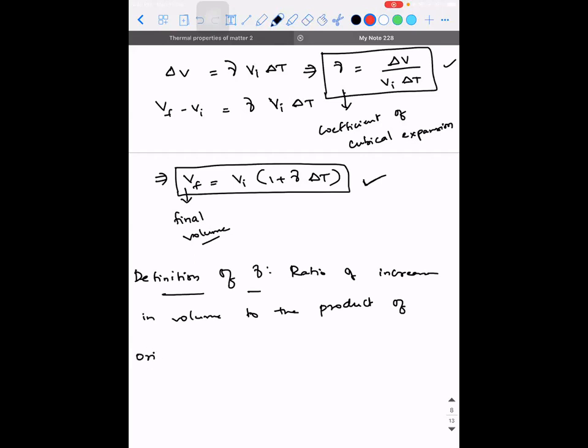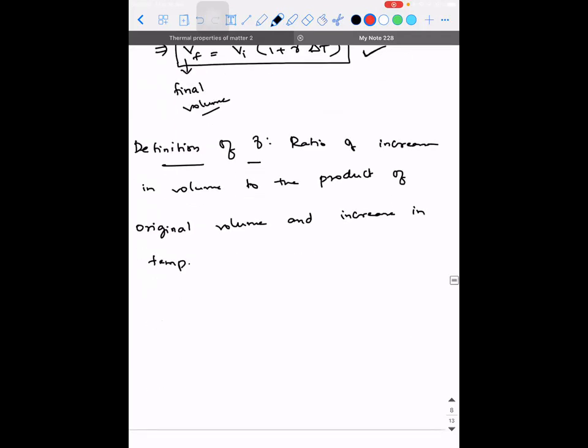Product of original volume and increase in temperature. Yes. What will be the SI unit, guys? Kelvin raised to the power -1. Yes, it's Kelvin inverse, and the CGS unit is degrees Celsius inverse.